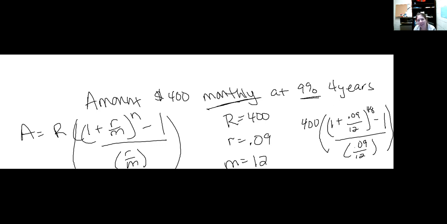And now we're going to take this amount and divide it by that 0.09 divided by 12. So 0.431405 divided by, parentheses, 0.09 divided by 12. Okay? We get 57.52, and then our last step is to multiply this number by your R amount, which was 400.